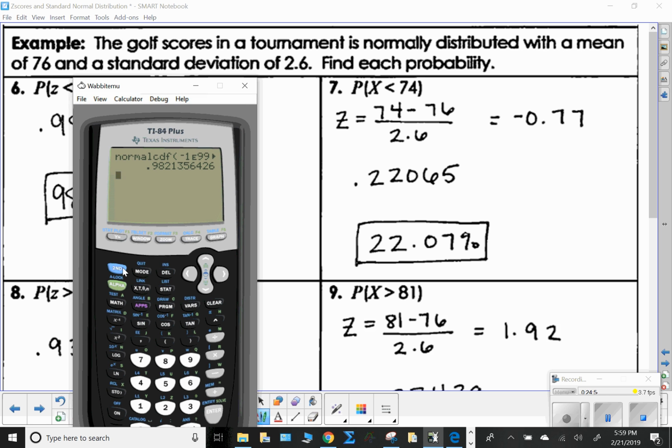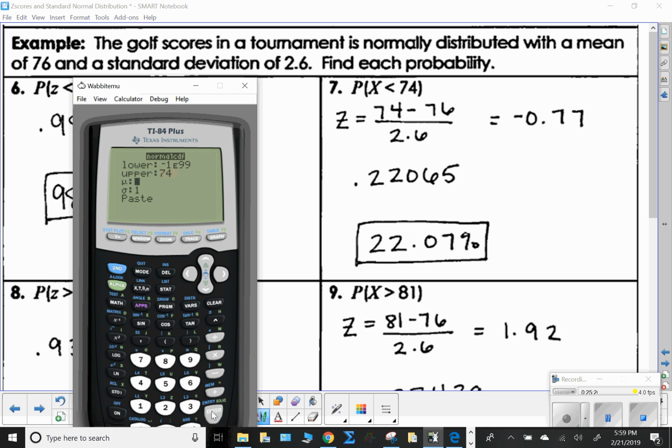Well, I do my second vars. I come down, I'm going to do my normal CDF. My lower is still negative 1E99, a very small, huge number. My upper value, instead of being a z-score, is an actual data item, so I'm just going to type in 74.